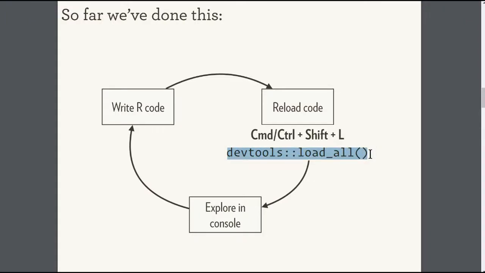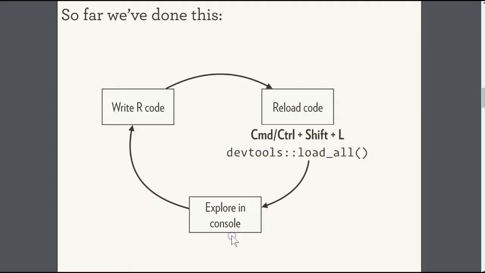And once you have that code loaded in your R session, you can start to explore that code on the console. But that is error prone and doesn't scale up very well. So once you have built a package with many functions, you cannot check every single one again and again on the console to see if they are doing what they should be doing.